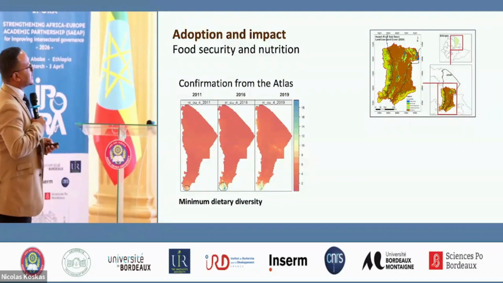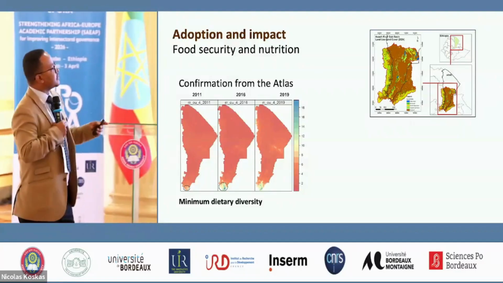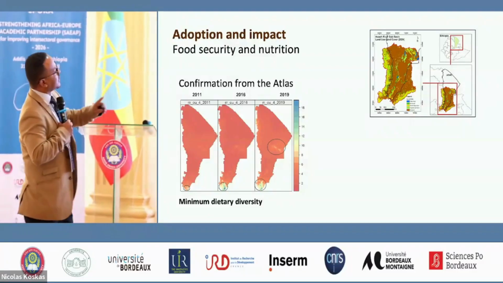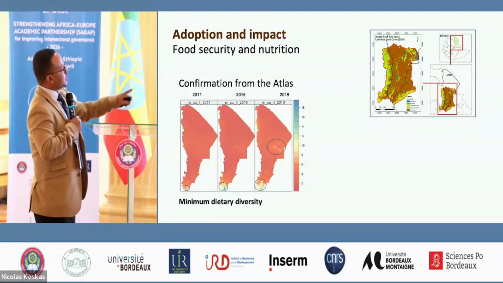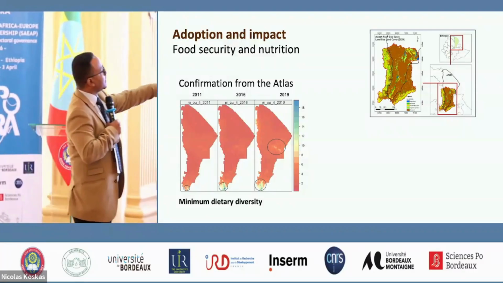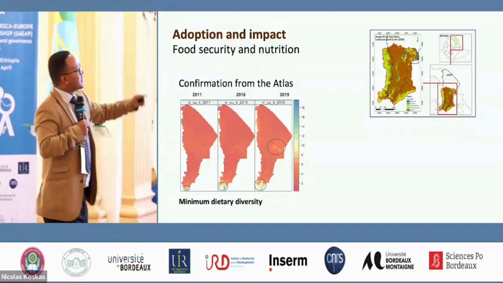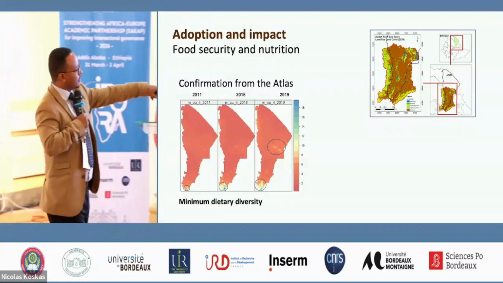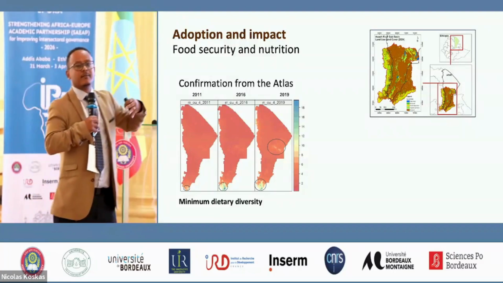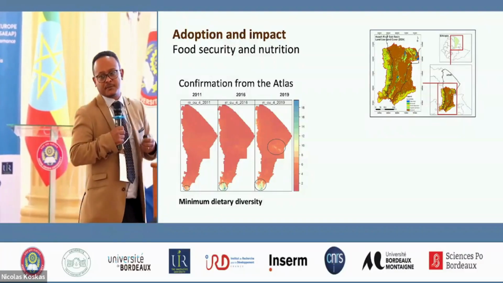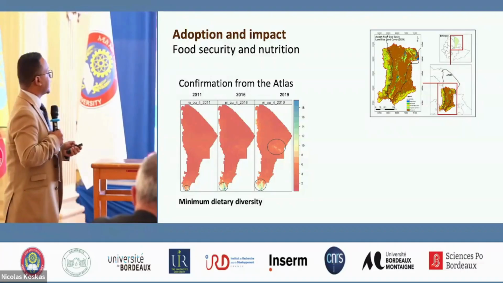You move to 2016, okay, that circle expanded, but it's still localized. And then moving to 2019, we start to see, okay, that same circle has expanded, but then we see some lightening up in the middle, potentially suggesting not as good as what we see on the bottom, but overall we see limited but positive change in terms of dietary diversity.